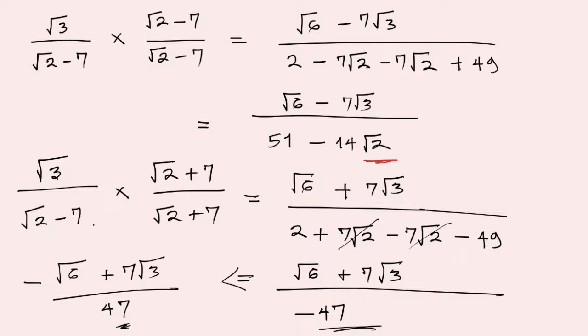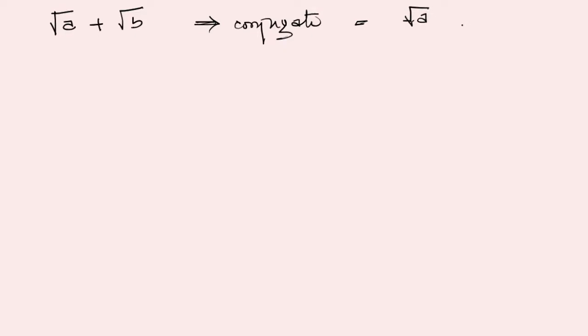So when we have an expression such as x plus y or x minus y as the denominator which we are trying to rationalize, what we do is multiply the denominator and the numerator by the conjugate of that denominator. Now what do I mean by conjugate? If we have an expression root a plus root b, the conjugate of this expression is equal to root a minus root b.